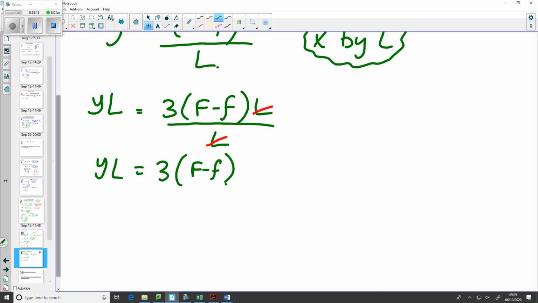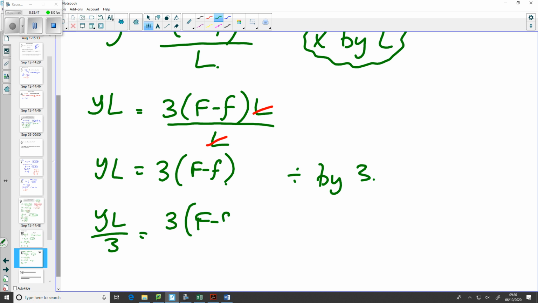Now what can we do? What someone wanted to do with the other one, what's the separate term? Divide by 3. So we've got YL over 3 equals 3 brackets F minus f over 3.